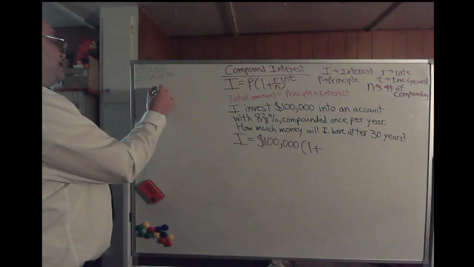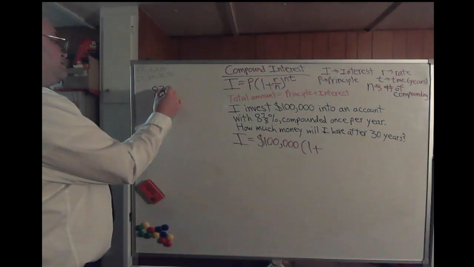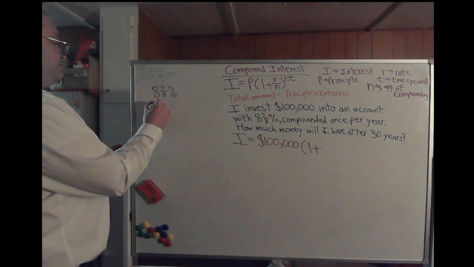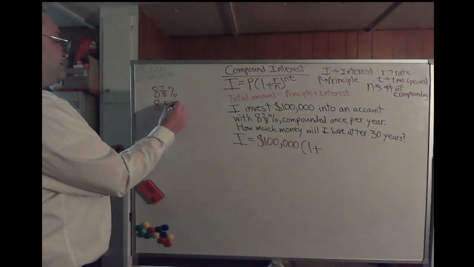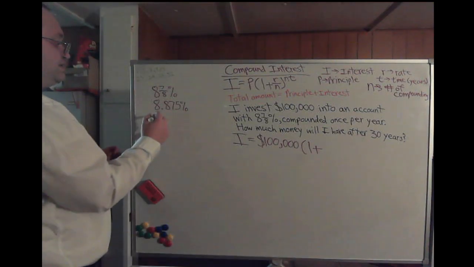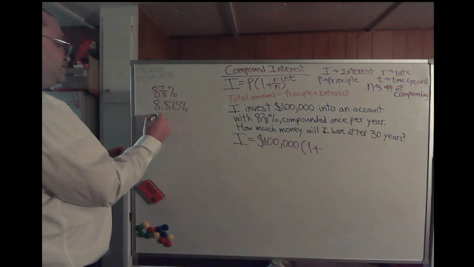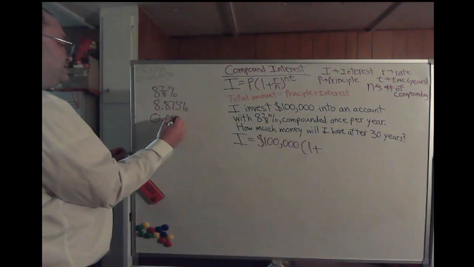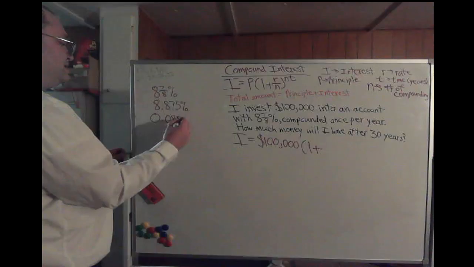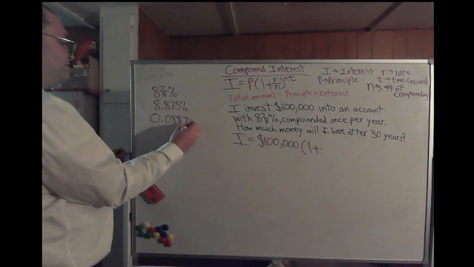The 8 7/8%, converting the fraction to a decimal, is going to be 8.875%. Converting the whole percent to a decimal, 0.08875.